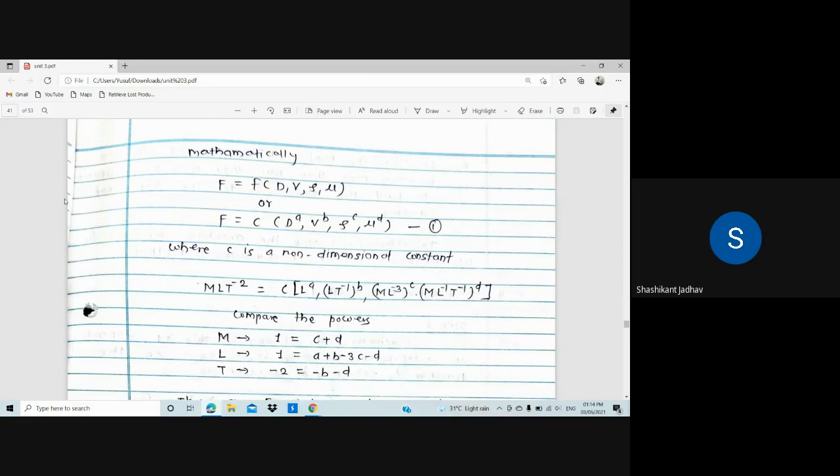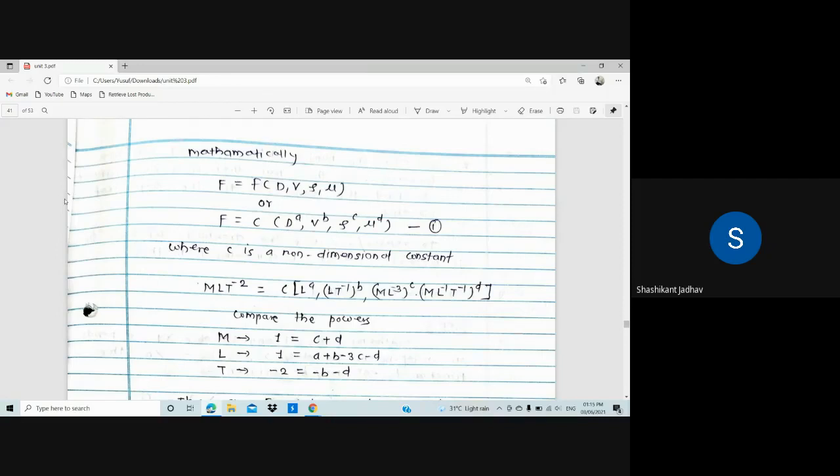Write down mathematically: force F is a function of diameter D, velocity v, density rho and dynamic viscosity mu.